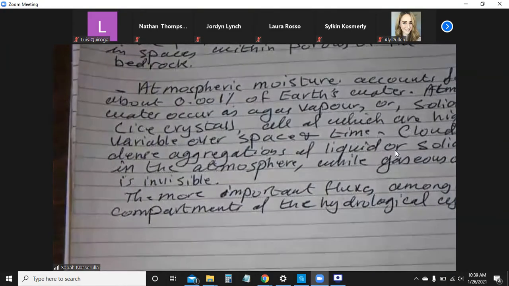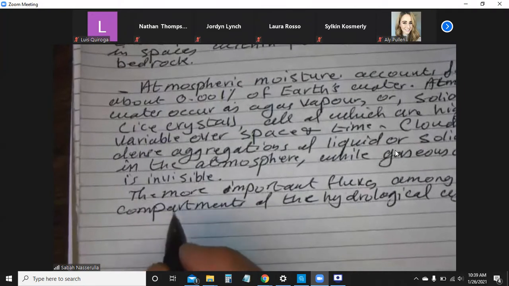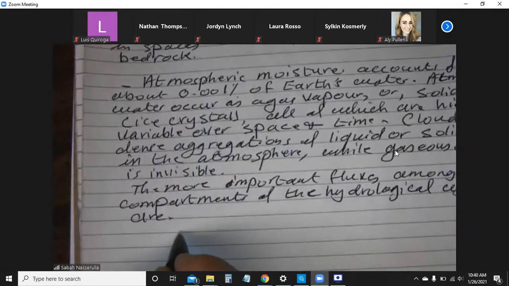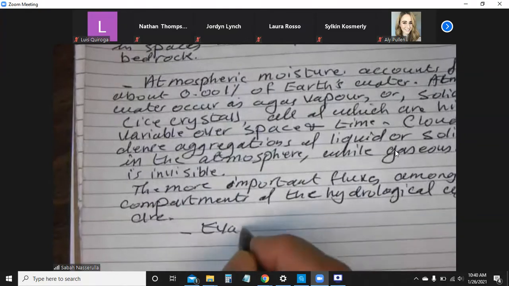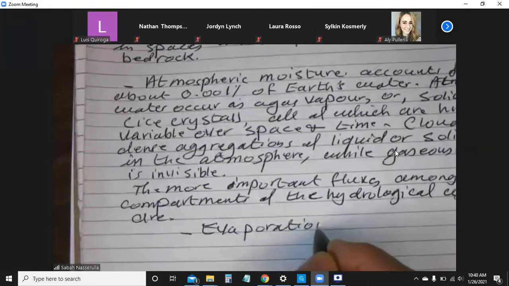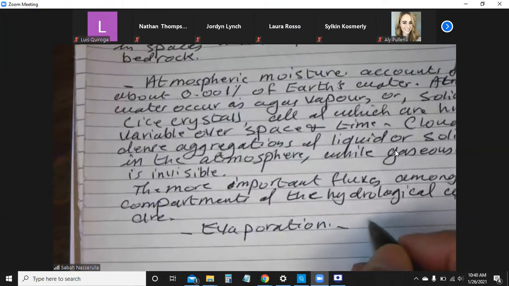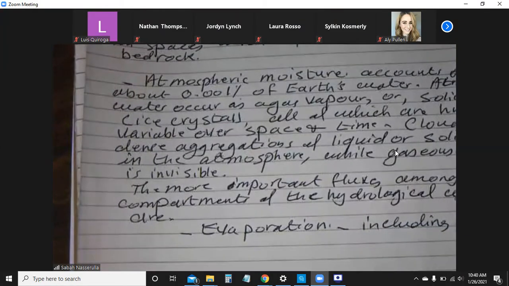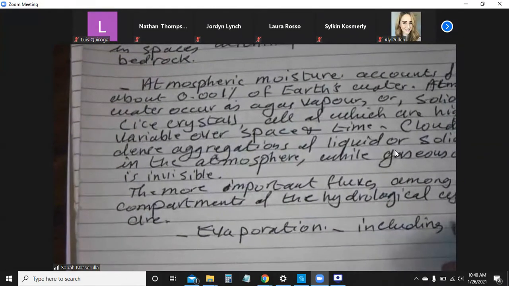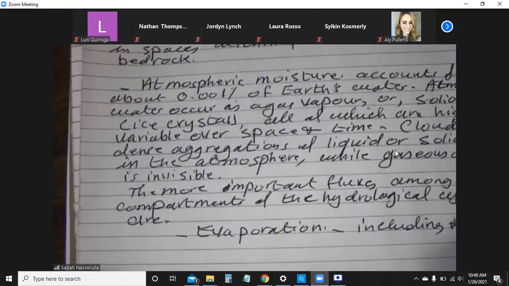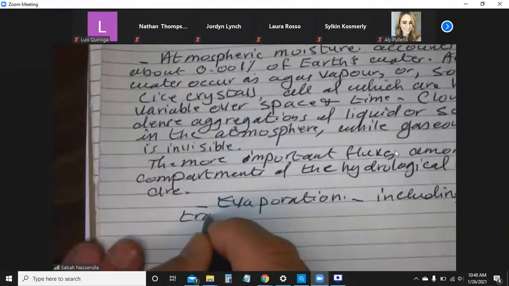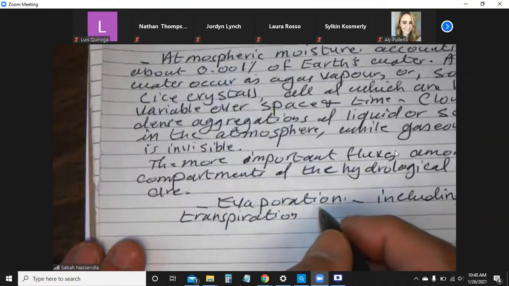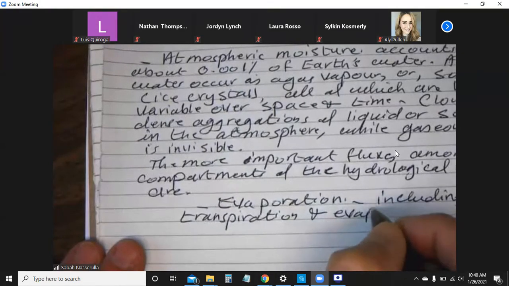One of them is evaporation, which also includes transpiration, or evaporation from the surface of the plant, and evapotranspiration.